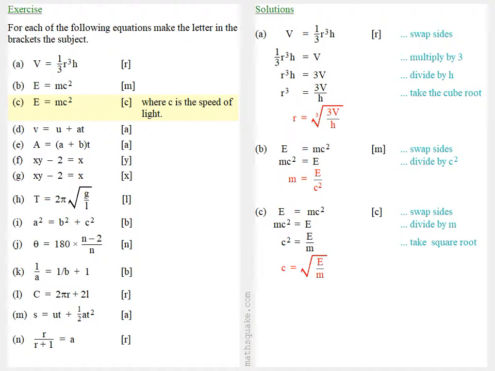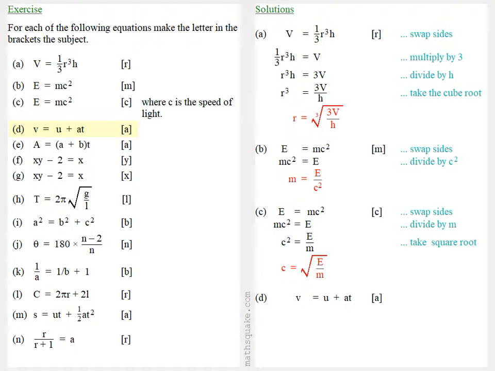So we have c equals the square root of E over m. Strictly speaking, it should be plus or minus the square root of E over m, but the equation E equals mc squared is a very famous equation by Einstein, the relationship between mass and energy, and c is the speed of light, which is always positive.